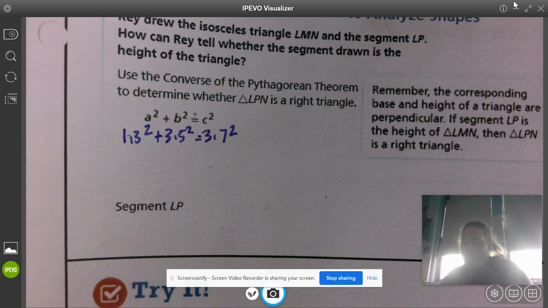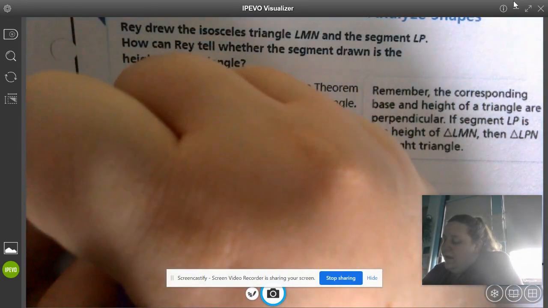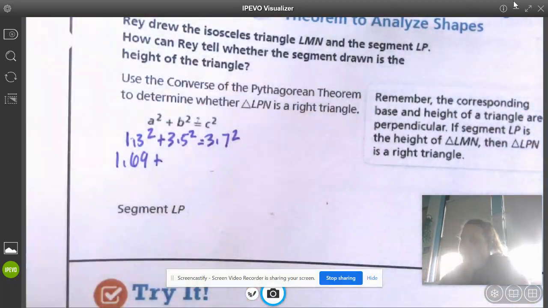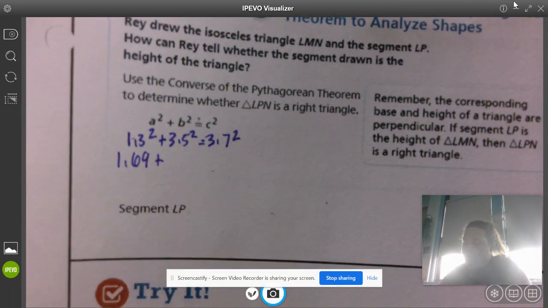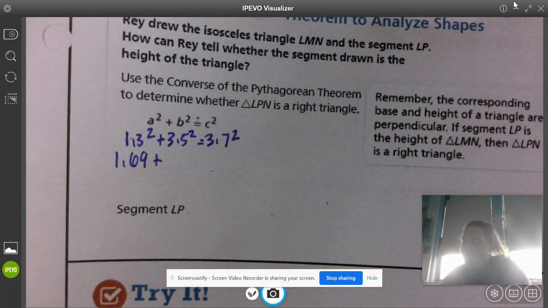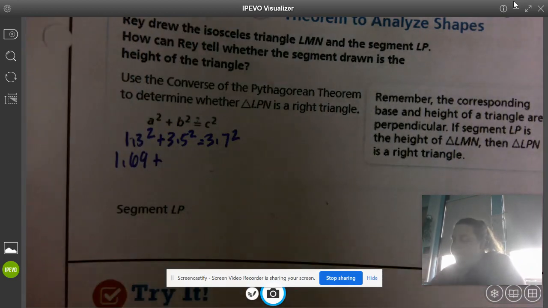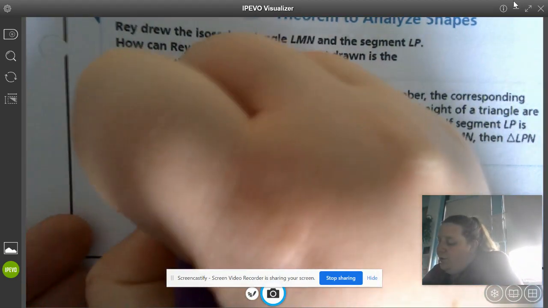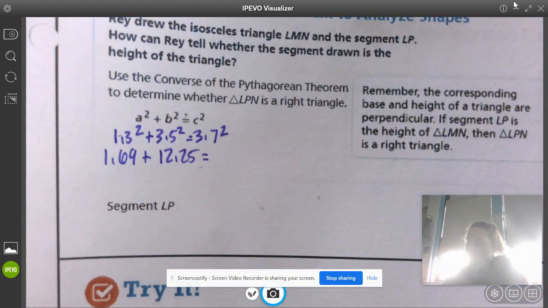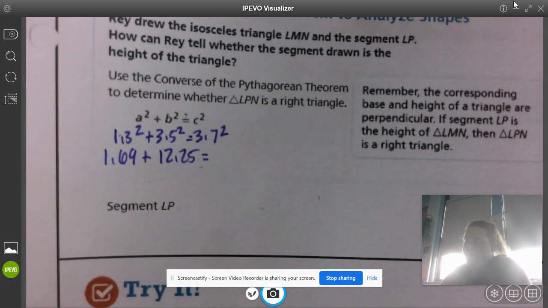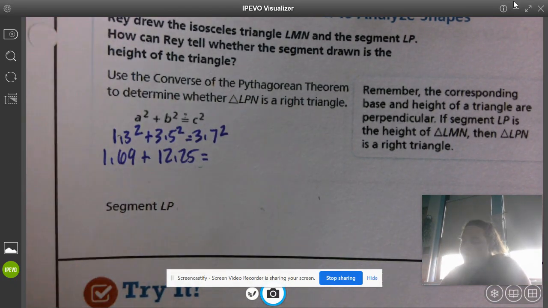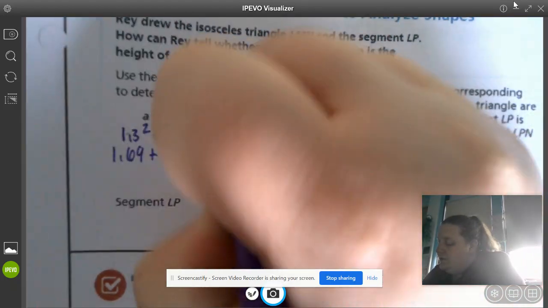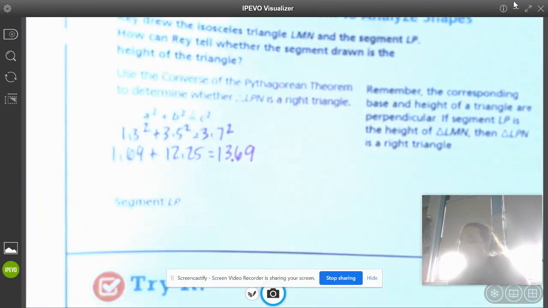So 1.3 times 1.3 is 1.69, plus 3.5 times 3.5, so that's 12.25, and then 3.7 times 3.7 is 13.69. Okay.